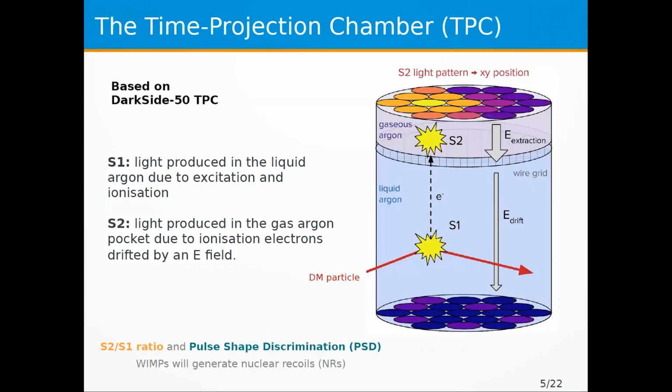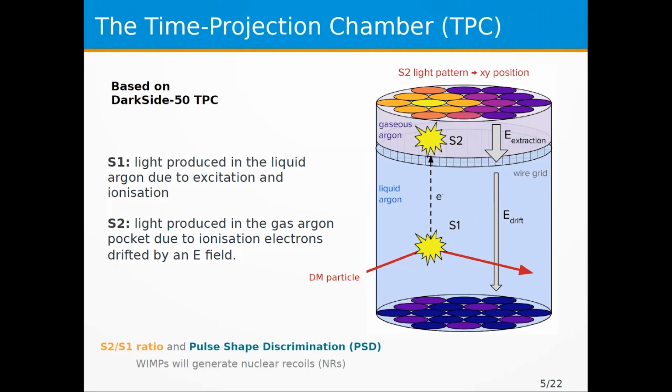So the general principle of working detectors like this is that we have the time projection chamber, TPC, and this hypothetical particle collides with argon nuclei inside the TPC chamber. Then, due to the excitation and ionization, the first signal, the first pulse of light is produced. It's called S1.